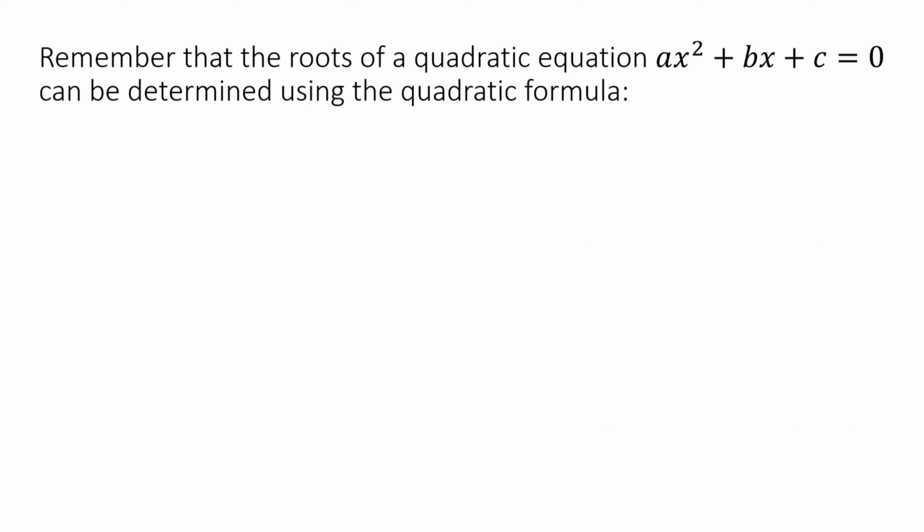Remember that the roots of a quadratic equation ax squared plus bx plus c equals 0 can be determined using the quadratic formula x equals negative b plus and minus square root of b squared minus 4ac all over 2a.